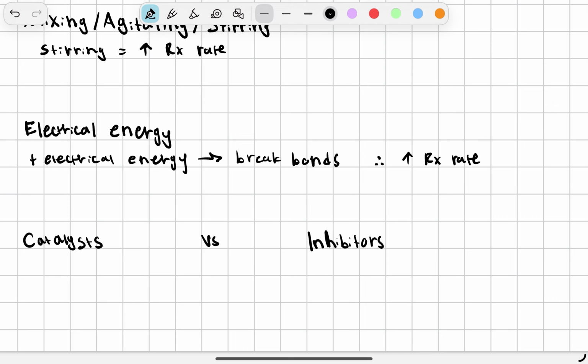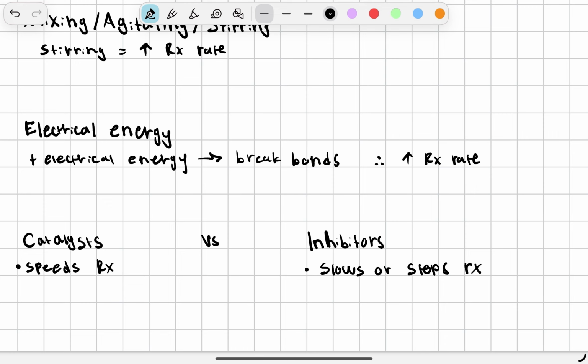How do they work? So, a catalyst speeds up a reaction, whereas an inhibitor slows or completely stops a reaction.